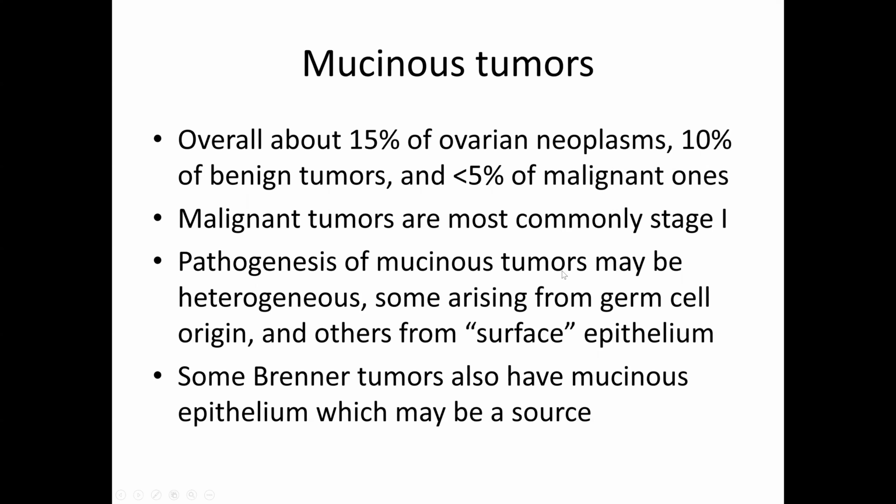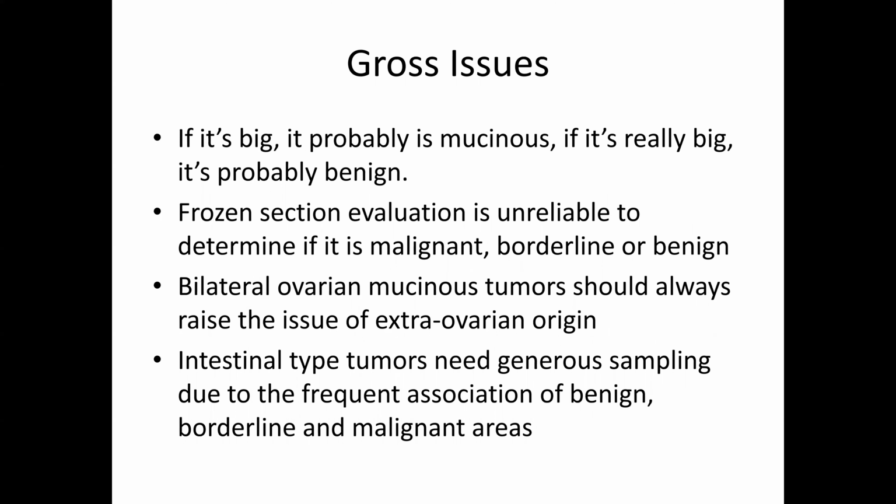So surface epithelium maybe, germ cell origin maybe, other kinds of implants, endometriosis, all of these are still within consideration for some of these tumors. Even Brenner tumors sometimes have mucinous epithelium. Fortunately, we don't have to define that. We just need to define their behavior and stage them appropriately so they get the best care.